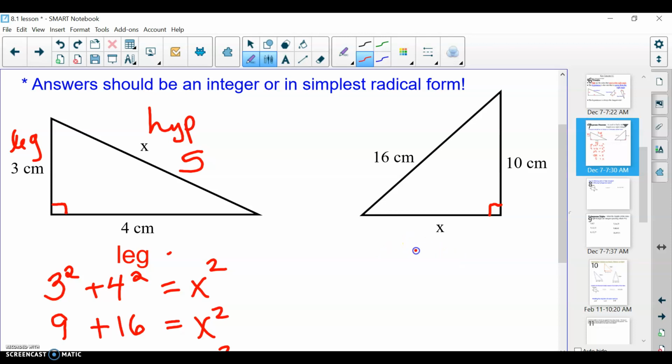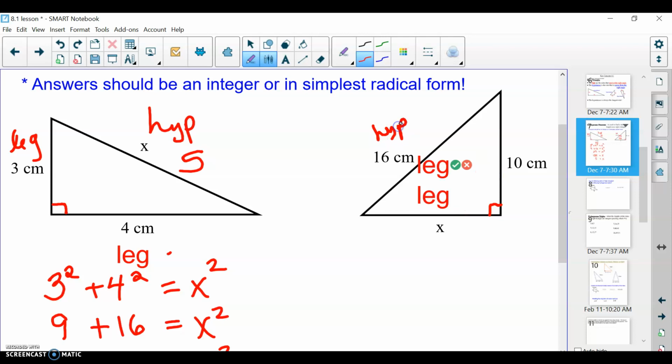All right, next problem here. So again, I'm going to label. This would be a leg. I don't know why it's not letting me write some of those things. All right, so this would be a leg. There we go. This would be the other leg because the 90 is right there, and then this would be the hypotenuse.